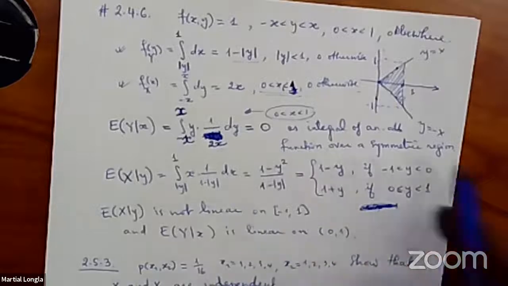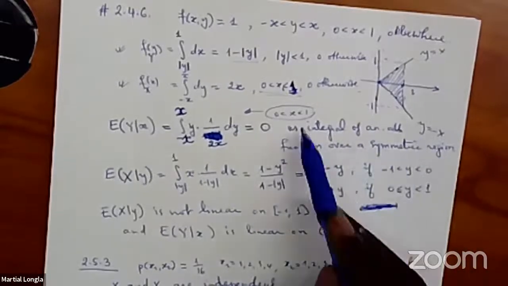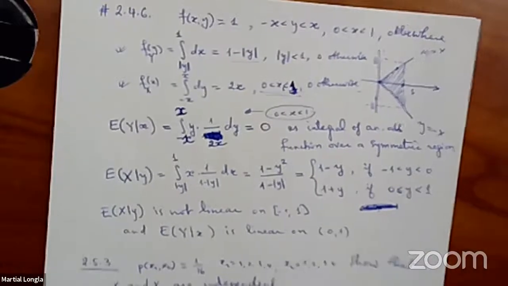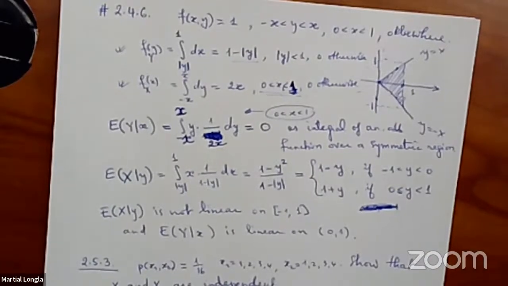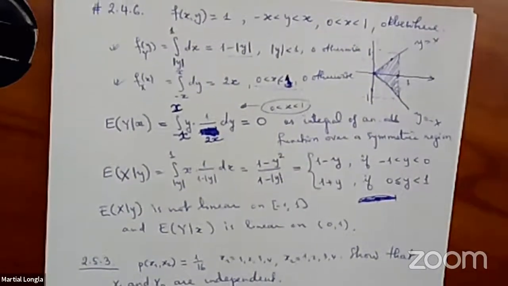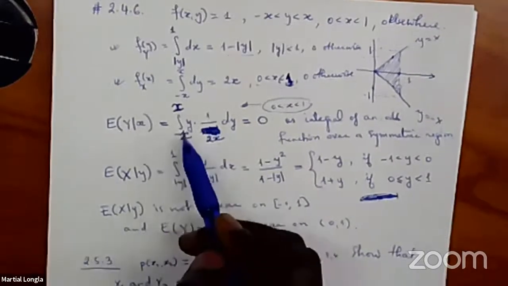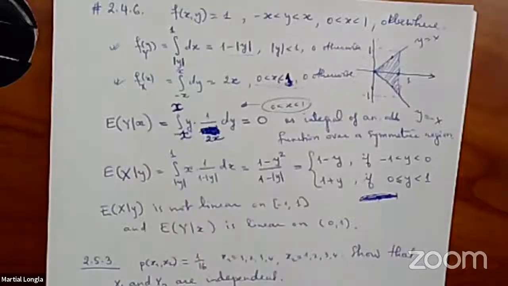It's going to be 0, and in general, I wrote here the integral of an odd function over a symmetric region. There's such a theorem in calculus, two ideas. When you integrate an odd function over a symmetric region, you get 0, no matter what the function is, no matter what the boundary is. If it's symmetric, you get 0.